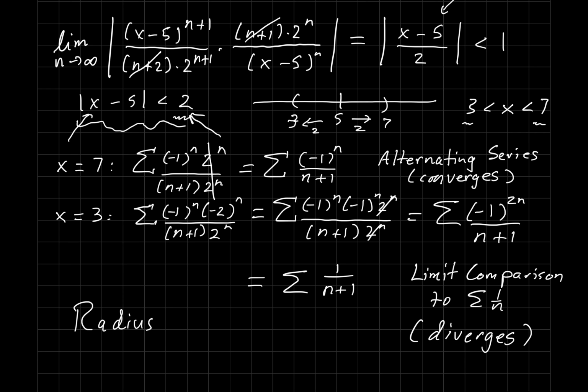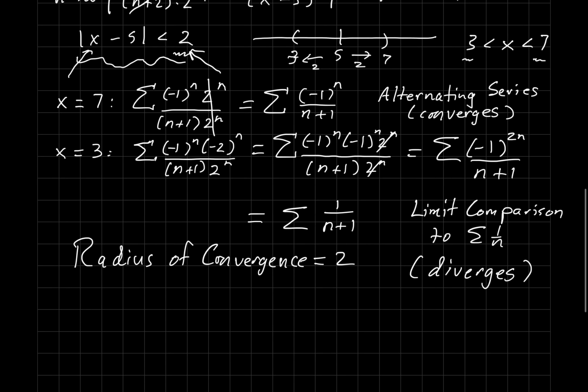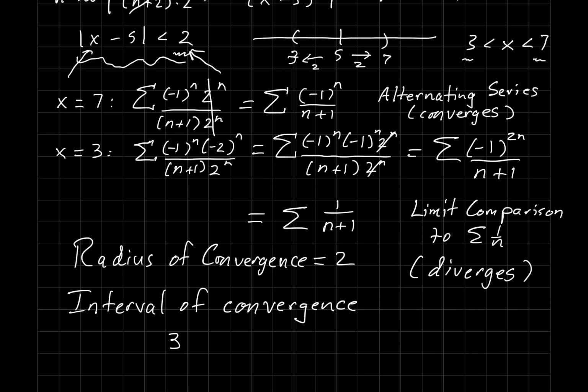So to finish it off, the radius of convergence is 2. The interval of convergence is 3 less than x less than or equal to 7.